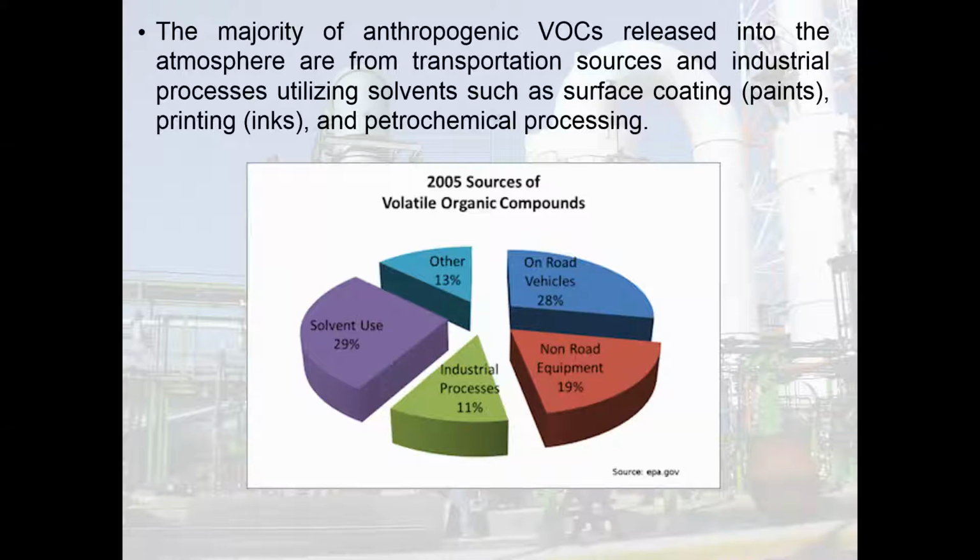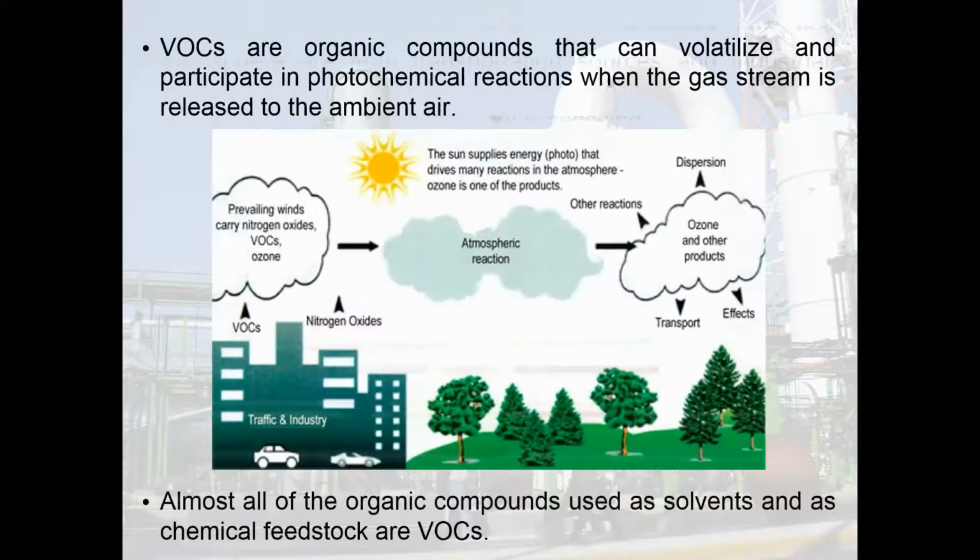And when we talk about VOCs and why they're so harmful, we want to move into this idea of how they get volatilized. Essentially, it's from interactions in the atmosphere. This is a good graphic that I included where you see the traffic and industry. As we release VOCs into the atmosphere, they begin to migrate and move.